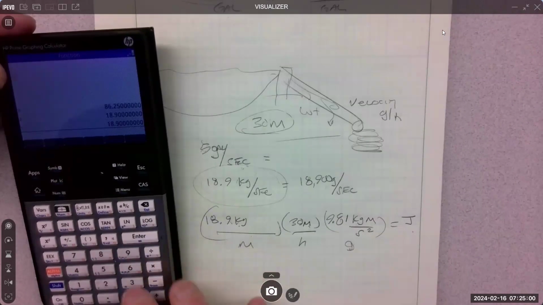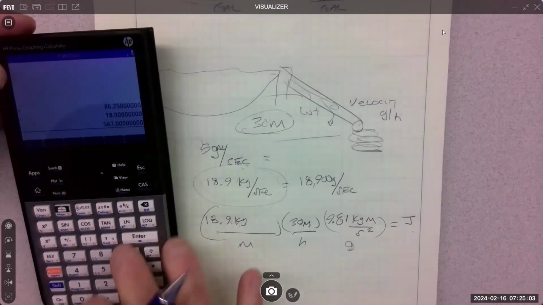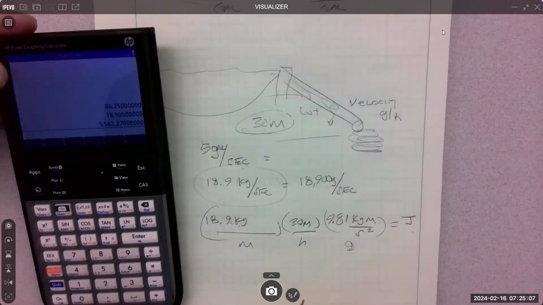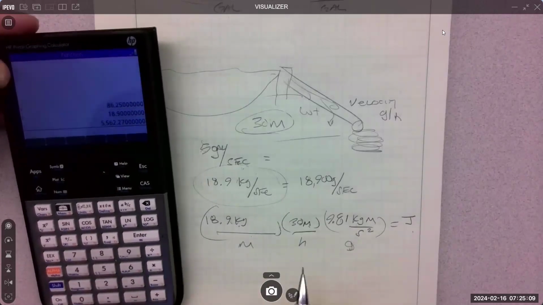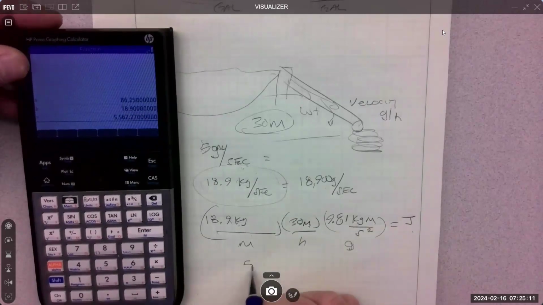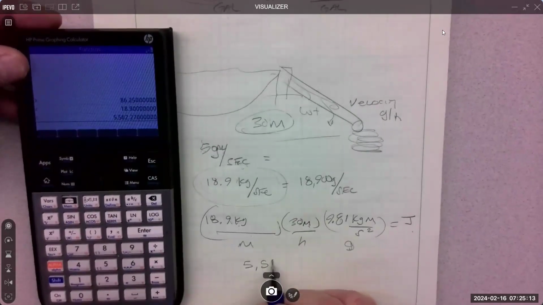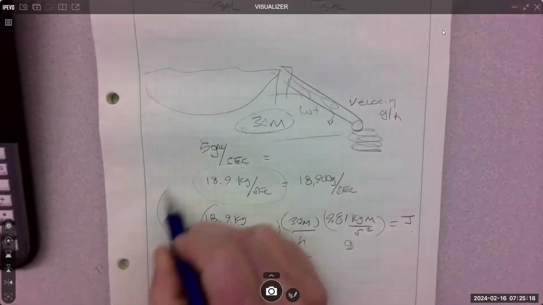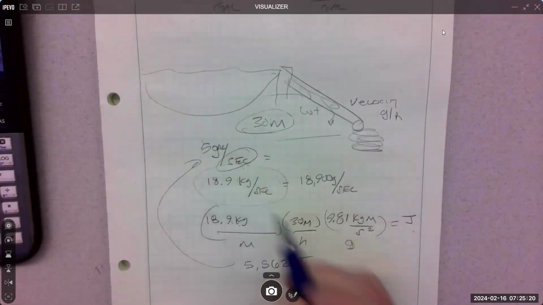All right, 18.9, enter, 30 times 9.81. So that gives us 5,562 joules. And it is like our 5 gallons falls every second.